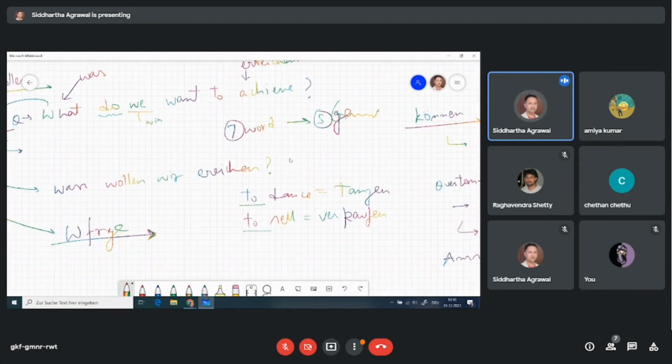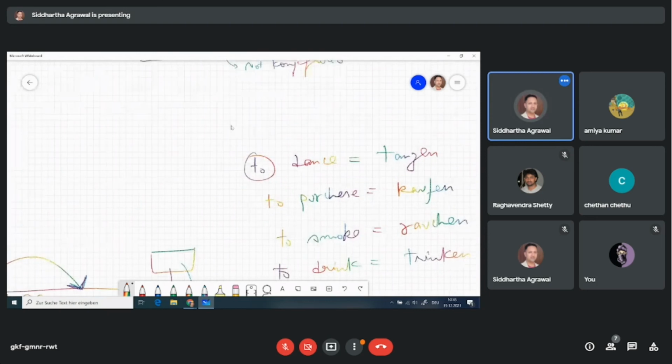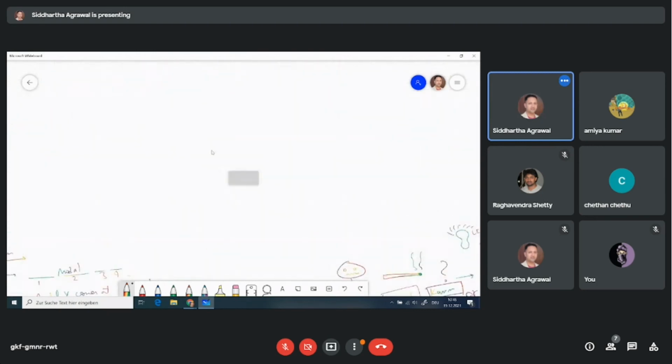Okay, let's go for a few more examples here. Let's say again, I am a parent and I see my kid standing with a group of kids.